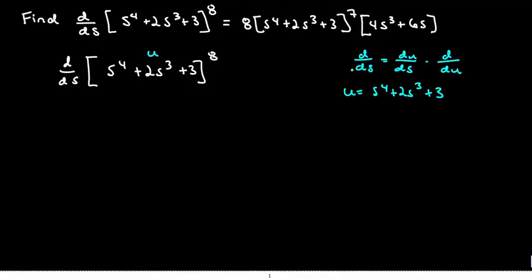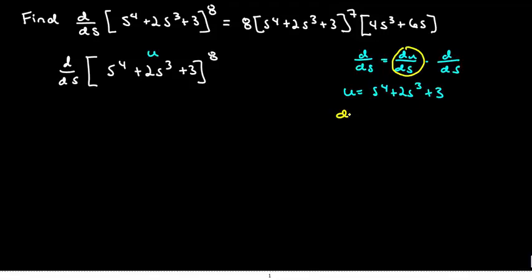So I'm going to replace d/ds with these two, and the way that I remember it is I want to get this so that when I cancel these out, I'm left with ds. Again, they don't really cancel out, but it's a nice way to remember it. Okay, so I'm going to put that back in there. Now, this du/ds comes from here.